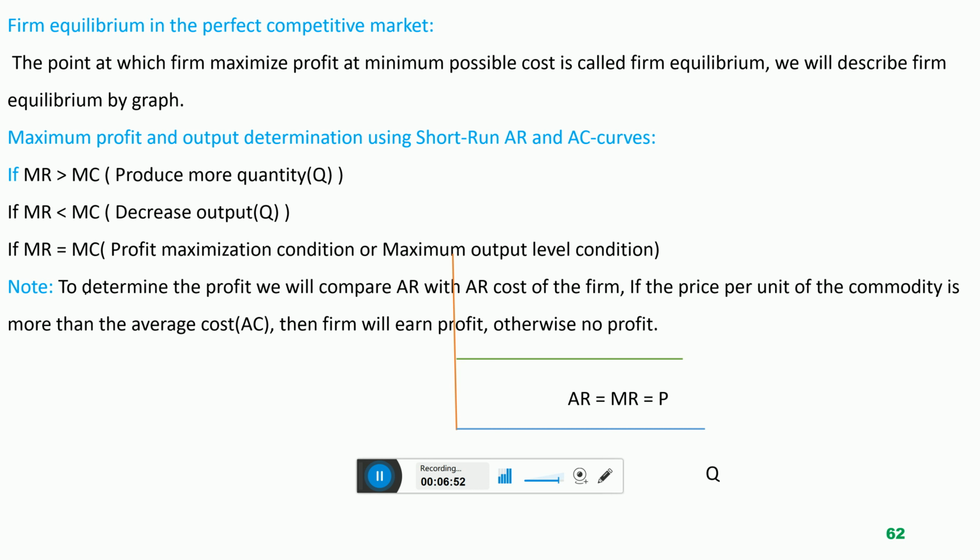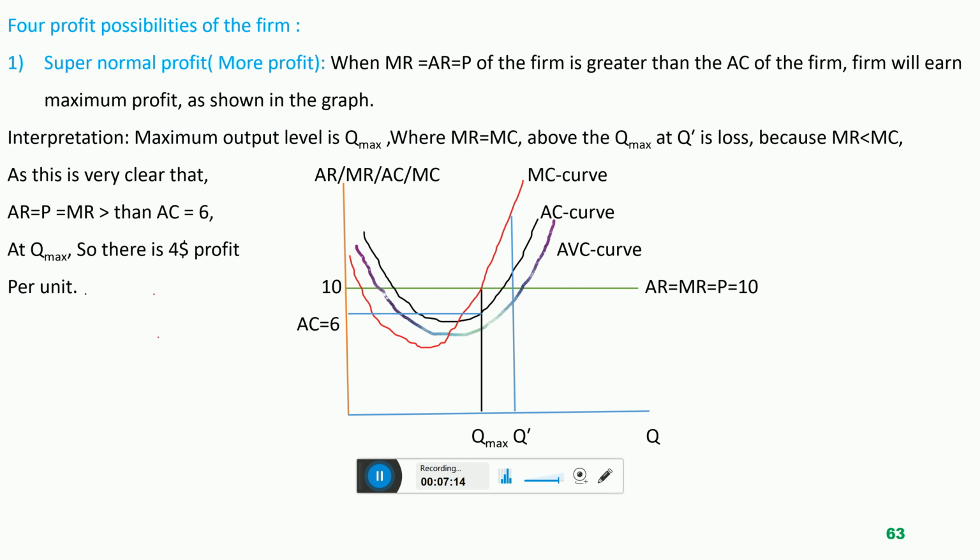Let me take you back. These are the three conditions. When marginal revenue is greater than marginal cost, the company should increase output. When marginal revenue is less than marginal cost, the company should decrease output. When marginal revenue is equal to marginal cost, that is the point up to which the company should produce to earn maximum profit.